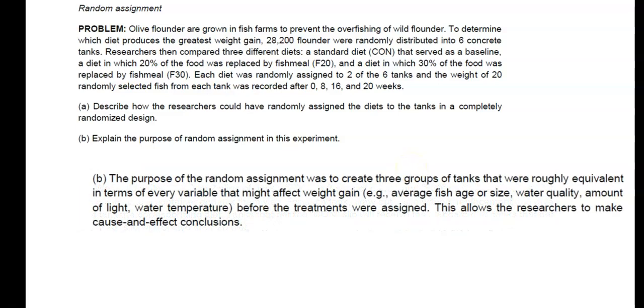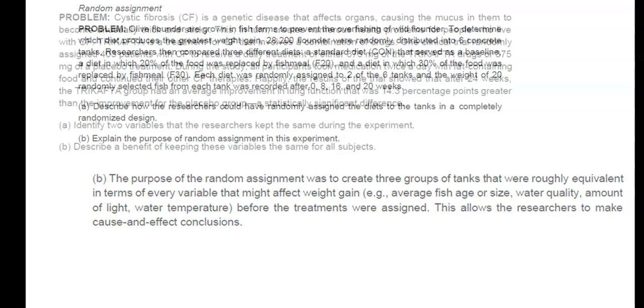The purpose of random assignment is to create 3 groups of tanks roughly equivalent in terms of every variable that might affect weight gain, fish size, age, size, etc., before the treatments were assigned. This allows the researchers to make cause and effect conclusions. So we have to have random assignment because we want roughly equivalent groups, which can produce cause and effect conclusions.